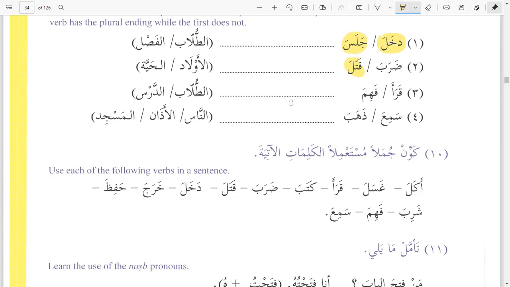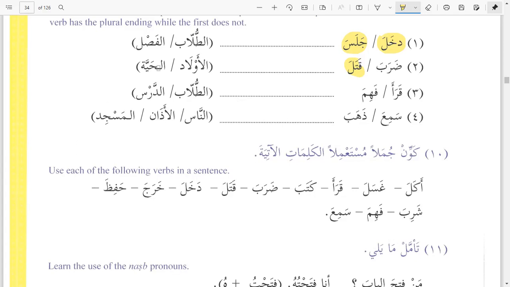Qara'a, fahima. Qara'at tulabul darsa. The students read the lesson. Wa fahimu, and understand it. Wa fahimuhu, and understand it.